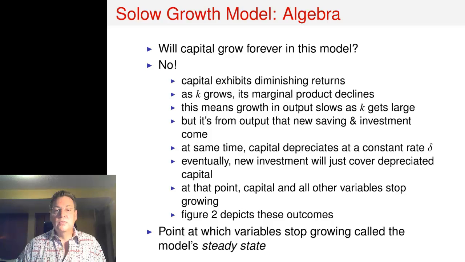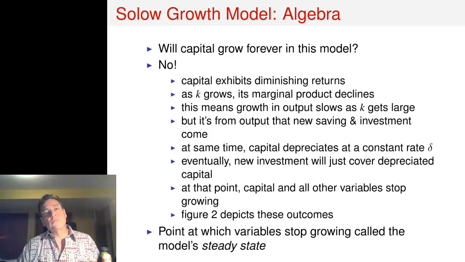Labor had diminishing returns. That meant that as employment rose, the marginal product of labor would fall. And that's exactly the same thing that's going to happen here. As the capital stock rises, the marginal product of capital will fall. And at some point, capital is going to just be replacing the depreciated capital. And at that stage, the economy gets to what's called the steady state.